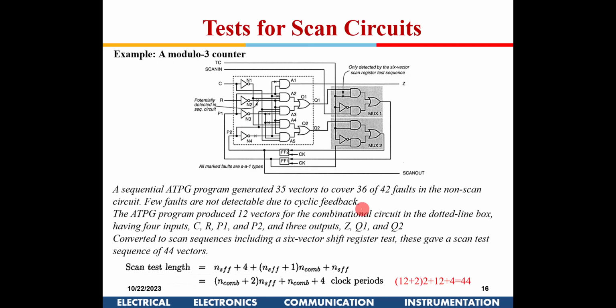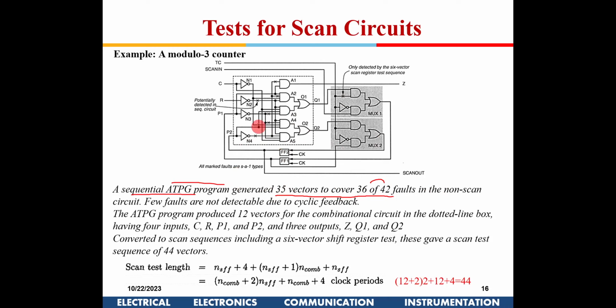Now it is just to show this circuit. So first we do sequential testing of this, trying without the scan. For the normal sequential circuit, the automatic test pattern generation program generated 35 vectors to cover 36 faults of 42 faults. 6 faults were not detectable.